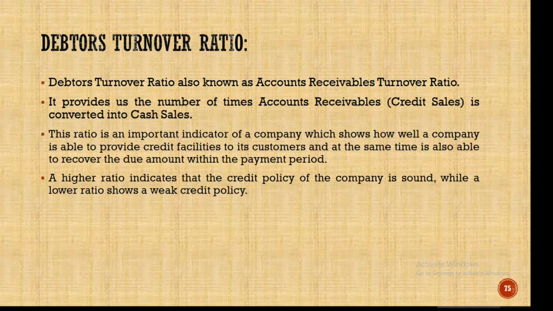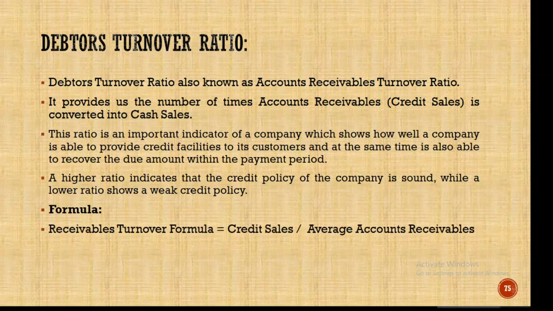A high debtors turnover ratio indicates that the credit policy of the company is sound, while a lower ratio shows a weak credit policy. Formula: receivables turnover ratio or debtors turnover ratio is equal to credit sales divided by average accounts receivables.